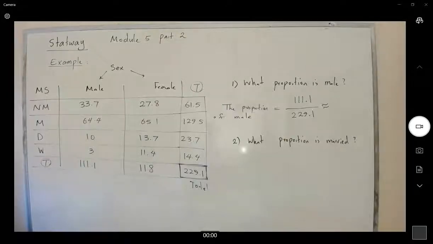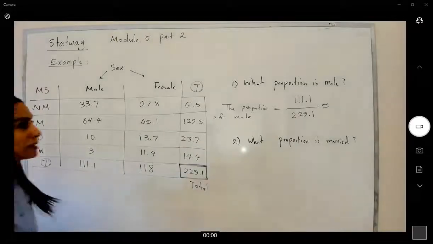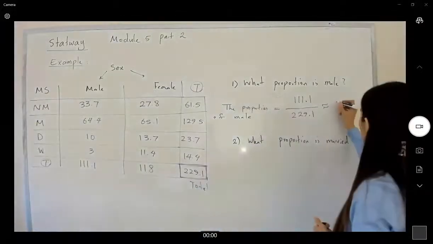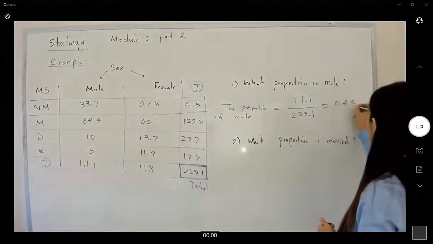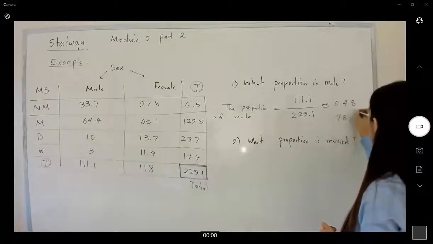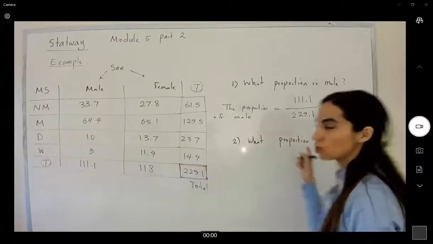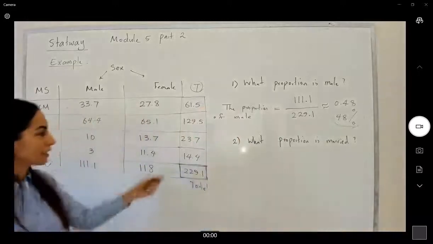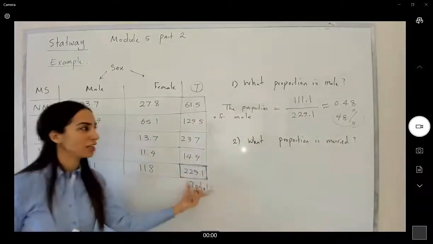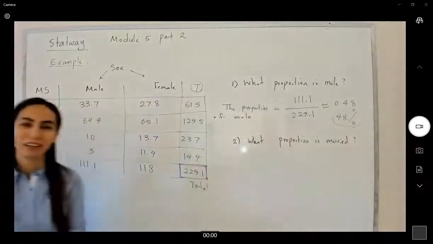What do you have? Very well, excellent. Approximately, thank you, Marco, approximately 48%. Almost 48%. So less than half of the population is male.